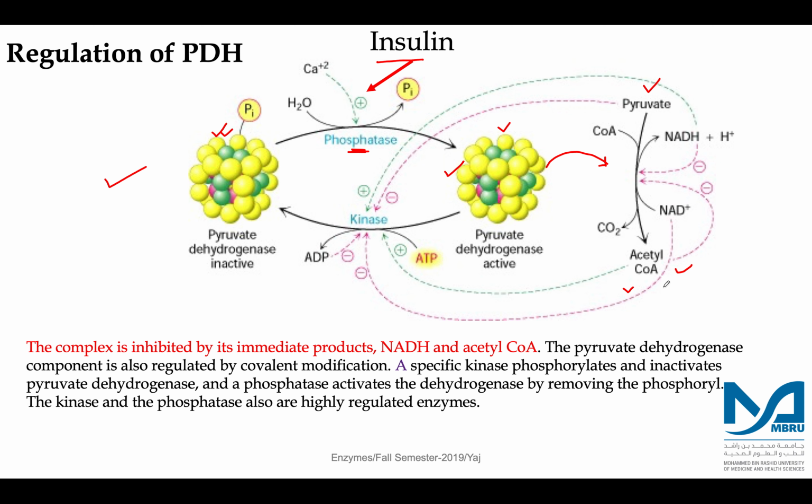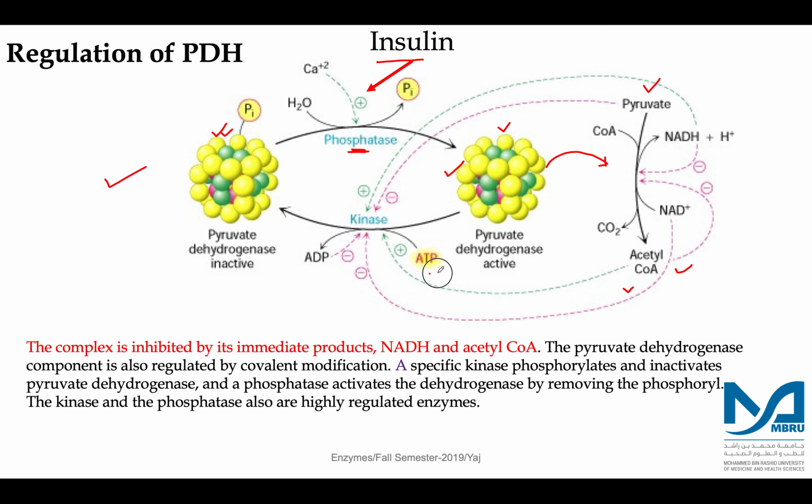Now, let us say I have enough amount of ATP inside the cell. I do not need to produce ATP. I do not need any further energy. So I need to stop the citric acid cycle.